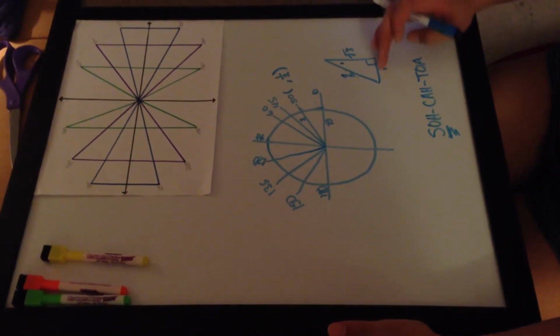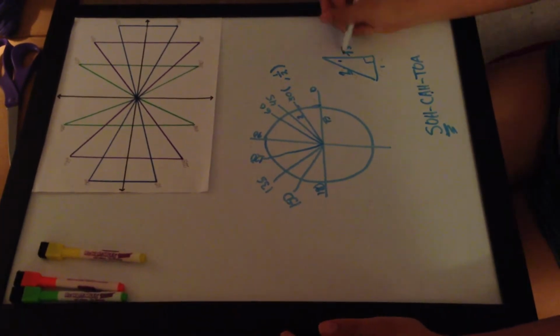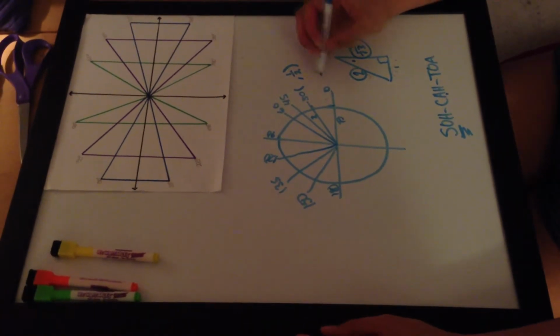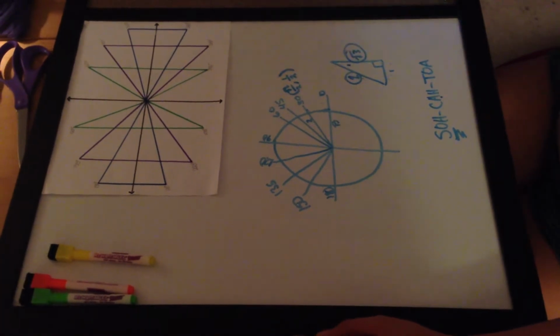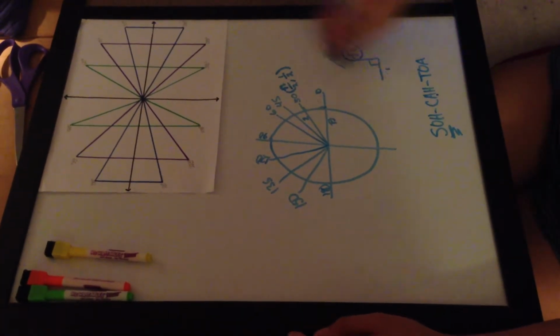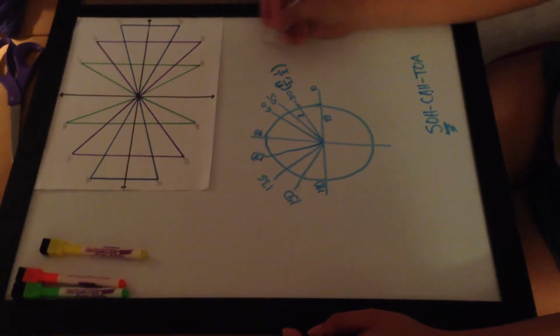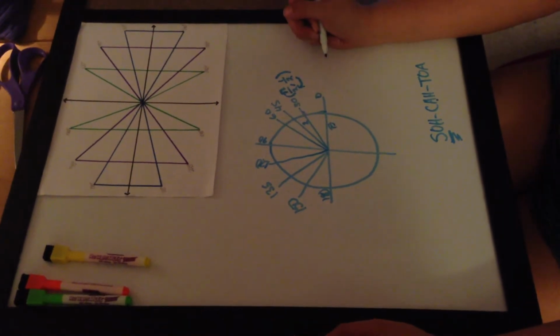cosine ratio, you would be taking your adjacent over the hypotenuse. So then you would have root 3 over 2 as your cosine. The tangent is always going to be the sine over the cosine.